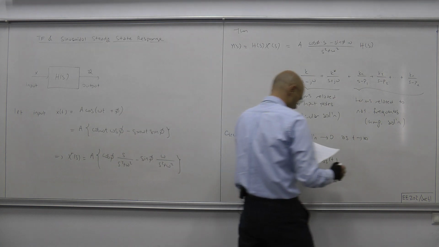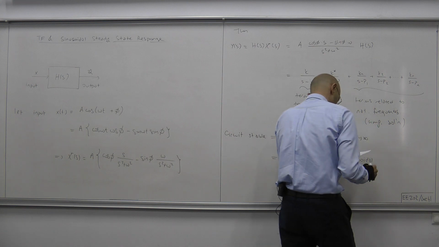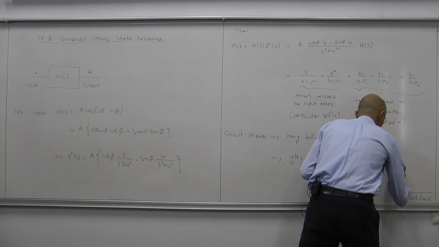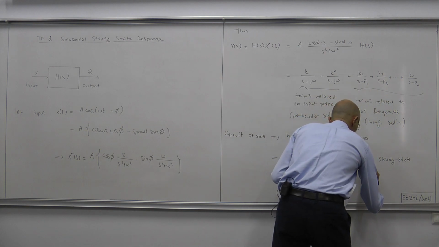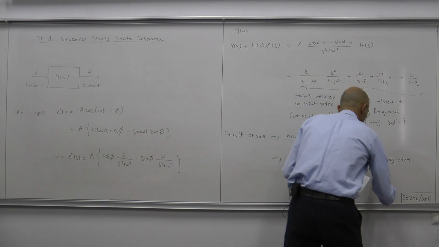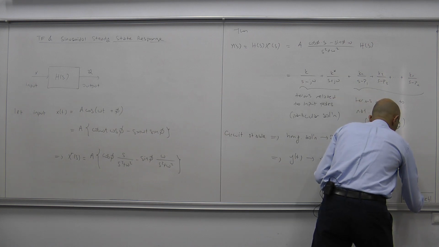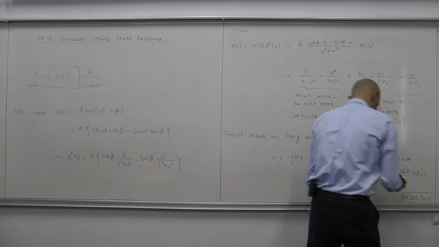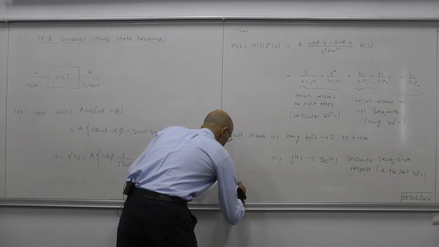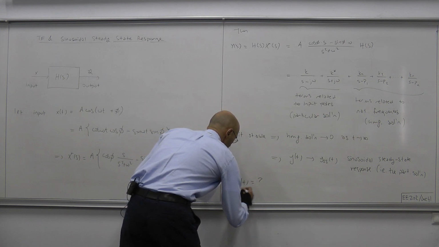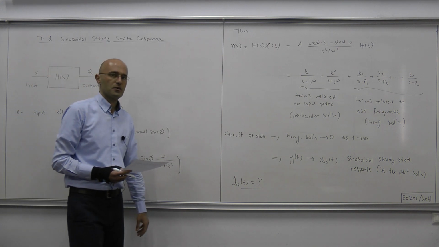That's called the sinusoidal steady state response, namely, the particular solution. And now we will try to figure out this steady state solution in terms of the transfer function of the circuit.